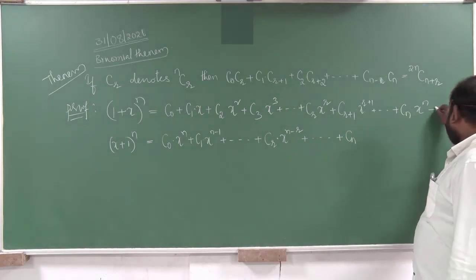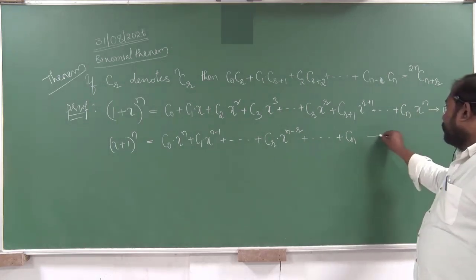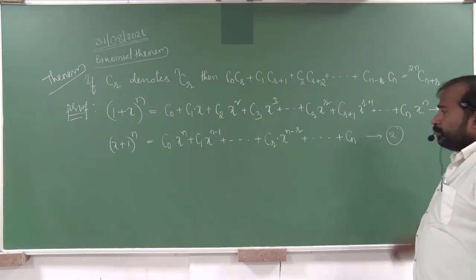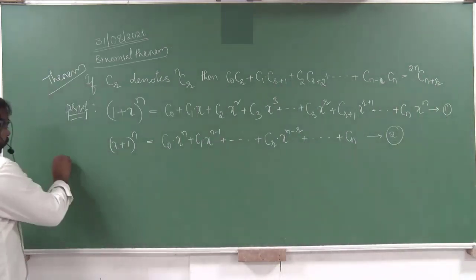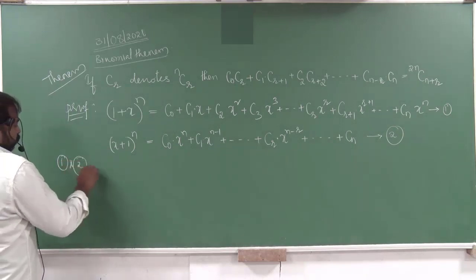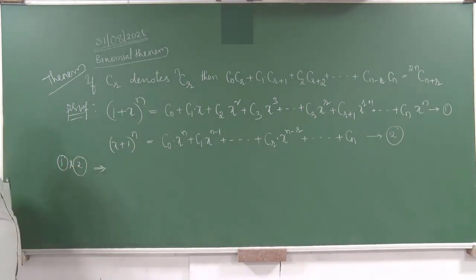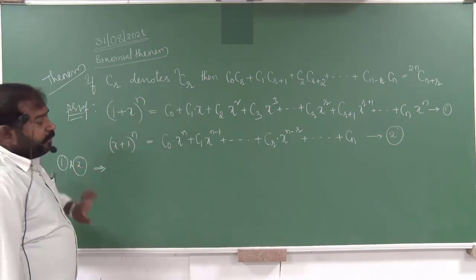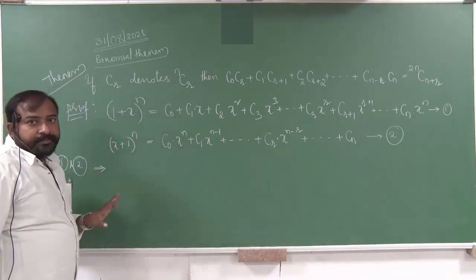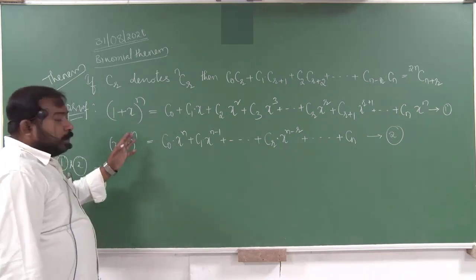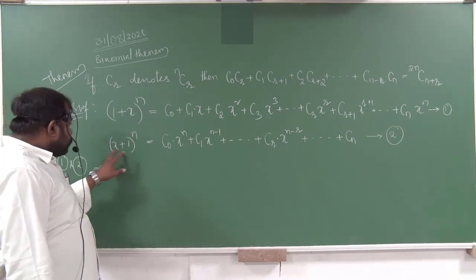Now, let this be equation 1 and this equation 2. Multiply 1 and 2, equation 1 into equation 2. If I multiply this side and this side, what about this value? (1 plus x) whole power n, and here it is (x plus 1) whole power n, which is also (1 plus x) whole power n.